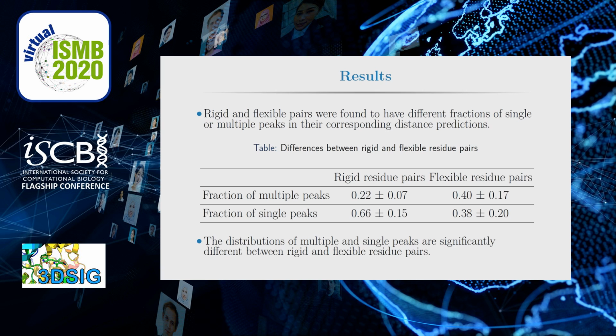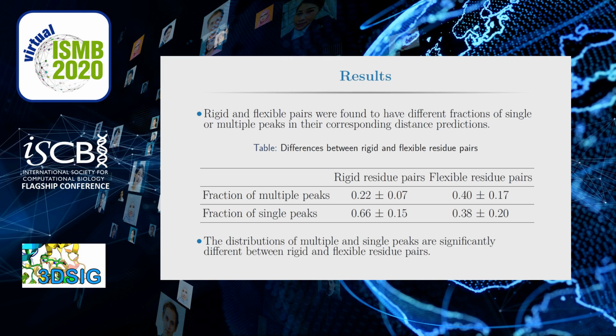And we then took the sets of residues and calculated the fraction that had 0 peaks, or 1 peak, or multiple peaks. And then we compared them between the sets of residues, and we found that rigid and flexible pairs have different fractions of these pairs.